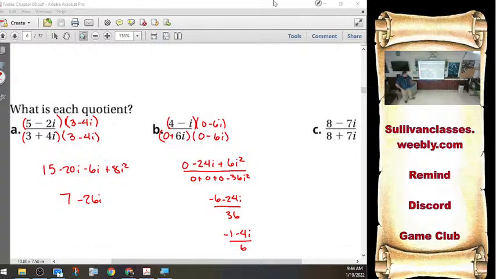Okay. I did both of these wrong. Spot the error. You didn't multiply the bottom on 8. Okay. Common error. Kids will multiply by the conjugate and think that the denominator just disappears. It does not. Okay.